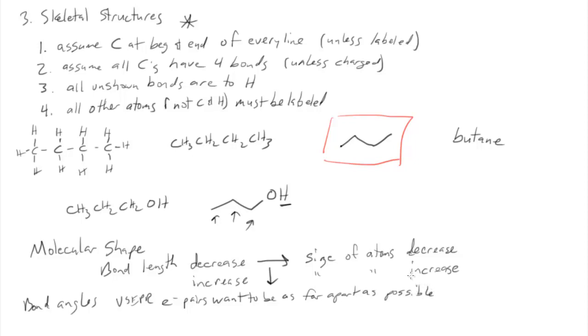So because of that, if we have 2 electron pairs around an atom, the furthest they can be apart is 180 degrees. If we have 3 electron pairs around an atom, the furthest they can be away is 120 degrees. If we have 4 electron pairs around an atom, the furthest they can be away is 109.5 degrees. And we'll continue to talk about that here in just a second.